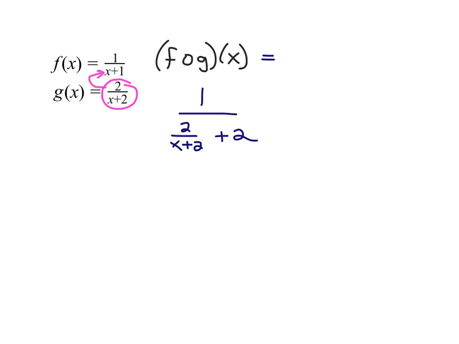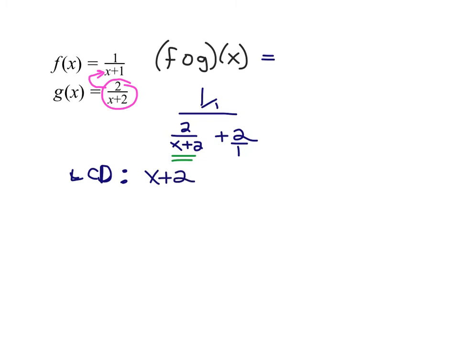So the way we simplify this, we look at all the denominators in each term. So I see this has a denominator of x plus 2. This one technically has a denominator of 1 because it's just the number 2. And this is 1, so it technically has a denominator of 1. So I'll write what the least common denominator is, and the least common denominator in our case is going to be x plus 2.